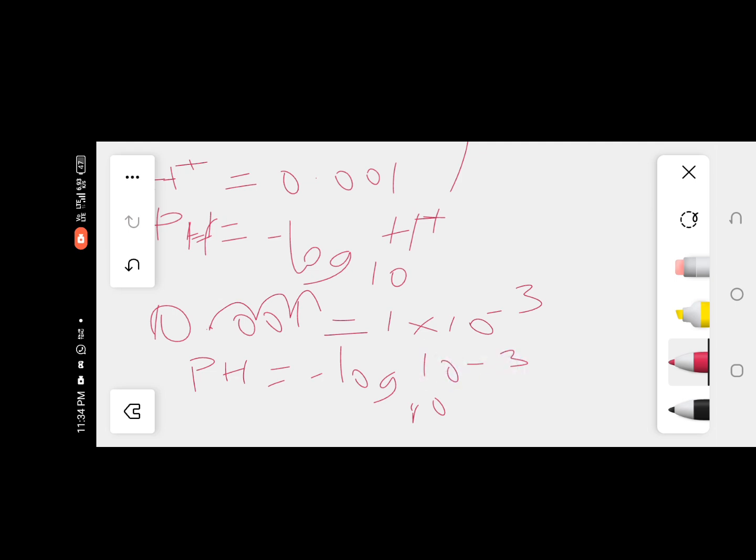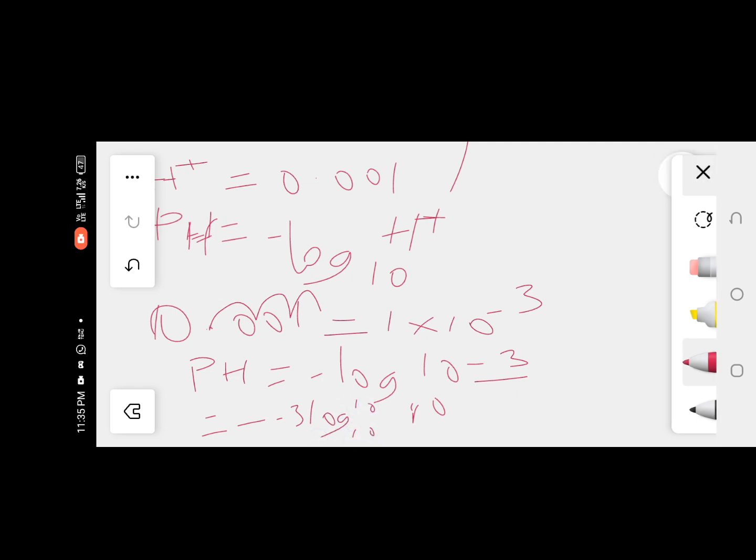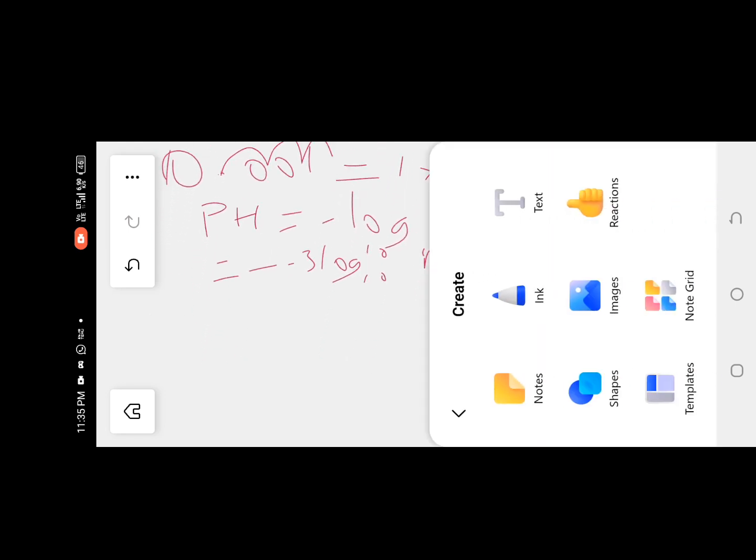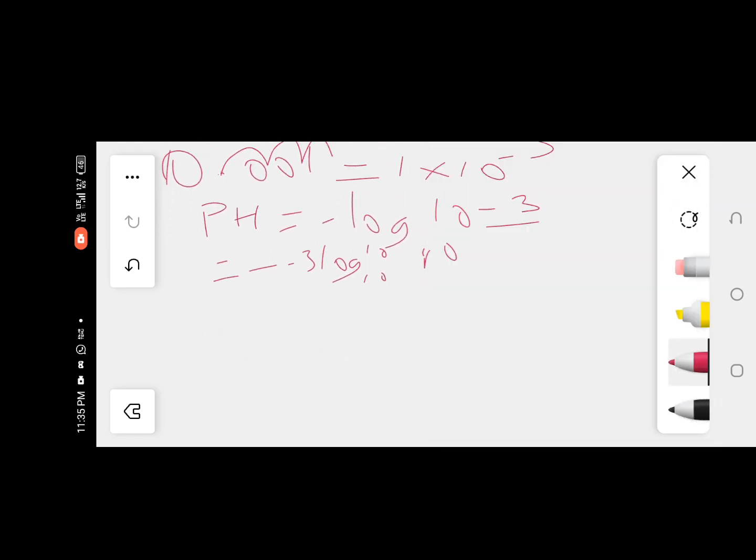So all I need to do is move this minus 3 to the front of my log 10, and I'm going to have, there's a minus there initially, then I have minus 3 log 10. And in mathematics, in the laws of logarithm, whenever you have log 10, it's going to be 1.